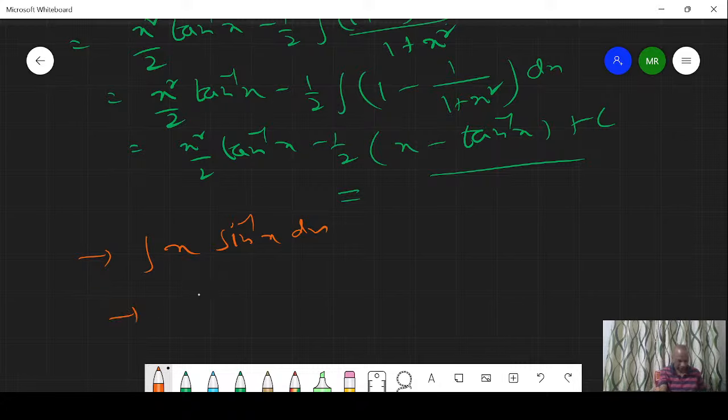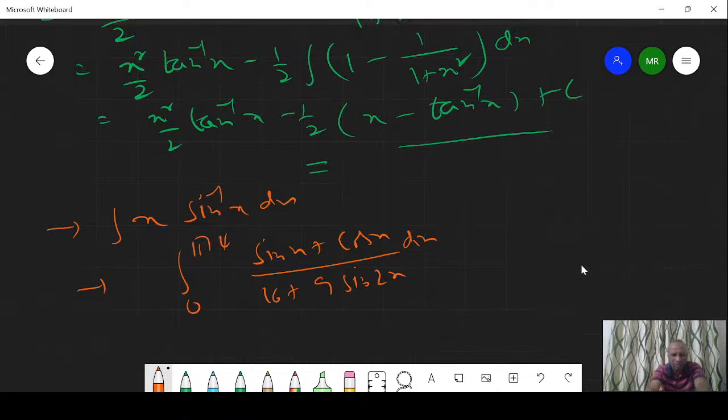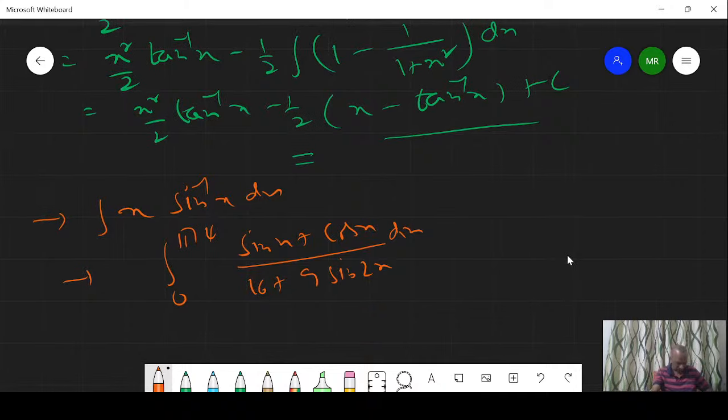Another one: integral 0 to pi by 4 of (sin x plus cos x) by (16 plus 9 sin 2x) dx. These are the problems I will discuss tomorrow.